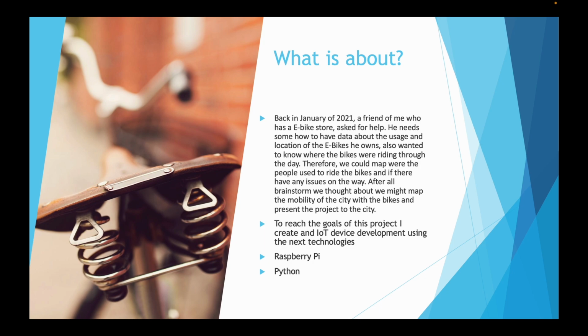He wanted to somehow gather longitude, latitude, and speed, and make a map of where the bikes were, trying to map the mobility of the bikes in the city. I said I could help, and here's the project.